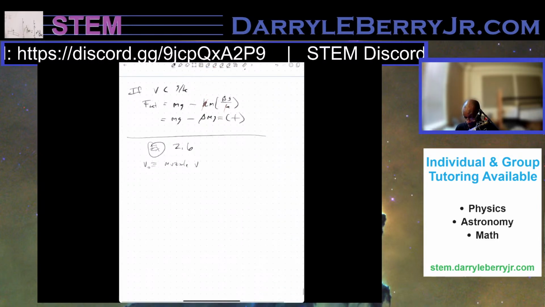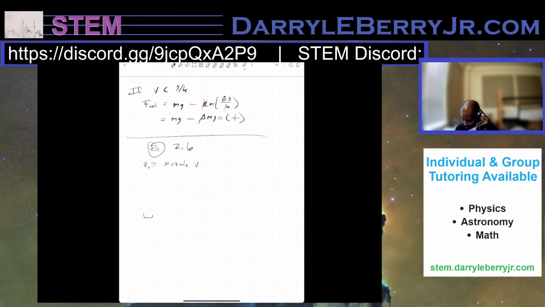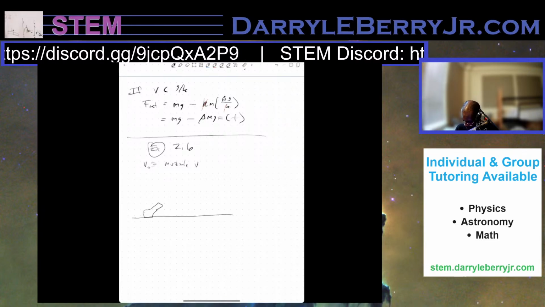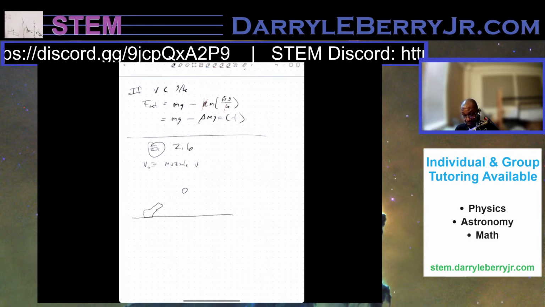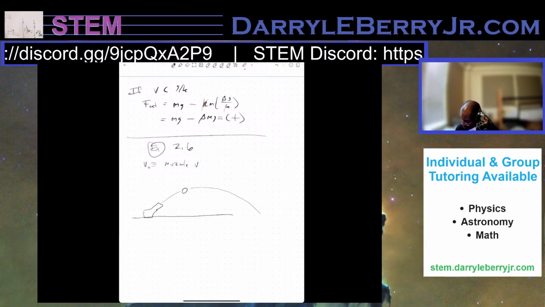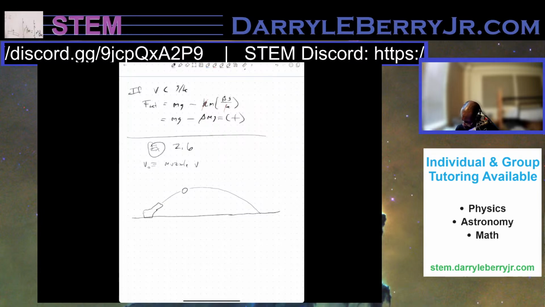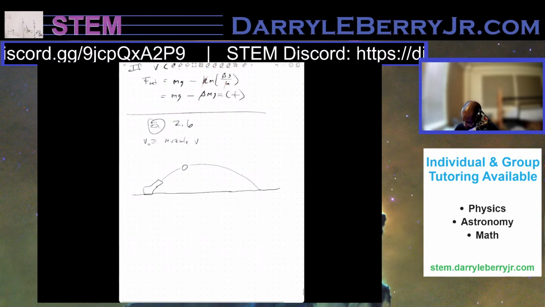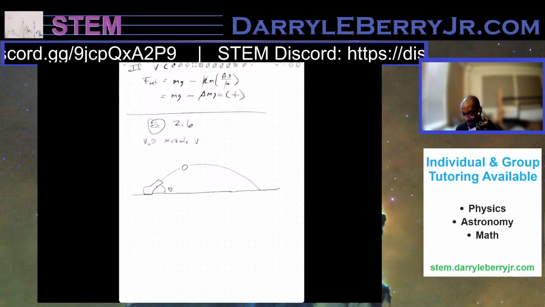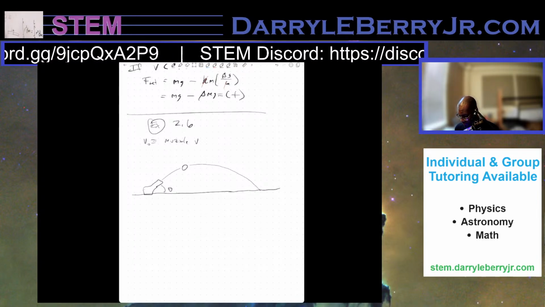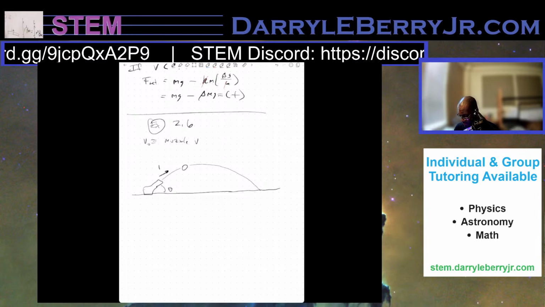Basically we have a projectile being projected in projectile motion. This is theta, and here is v naught.